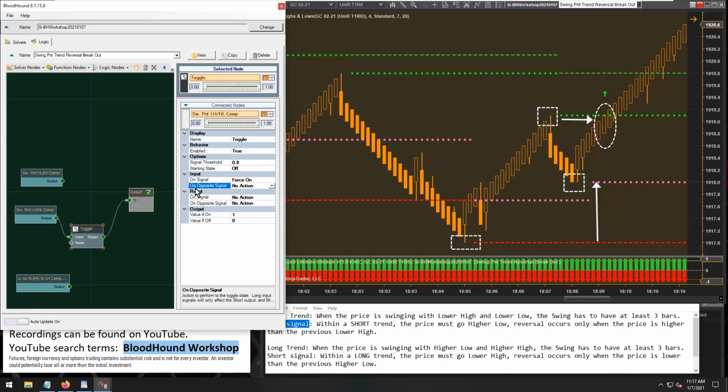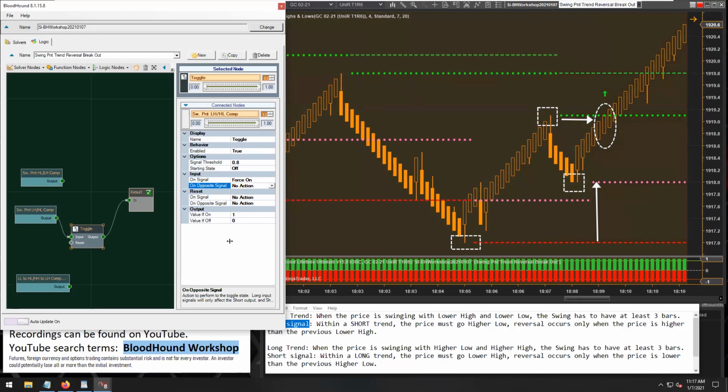I'm going to deactivate the opposite signals setting so that it does no function now. Before, when an opposite signal would come in, it would force off, so the long output was being forced off when a short signal would come in. I actually don't need this, so I'm going to set it to no action.